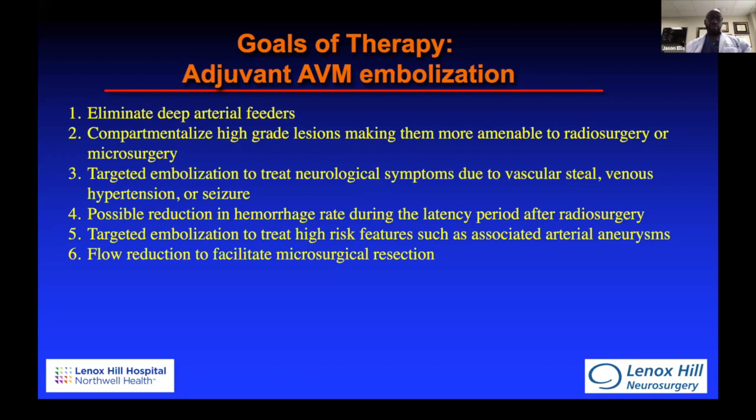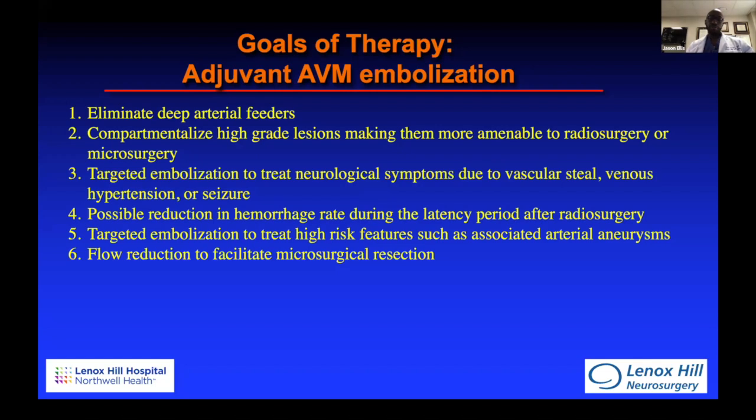Embolization can also compartmentalize very high-grade lesions, make them more amenable to radiosurgery or microsurgery. You can do targeted embolization to treat the high-risk features of the AVM. You can get rid of areas where there's vascular steal to normal brain. You can treat the venous hypertension.